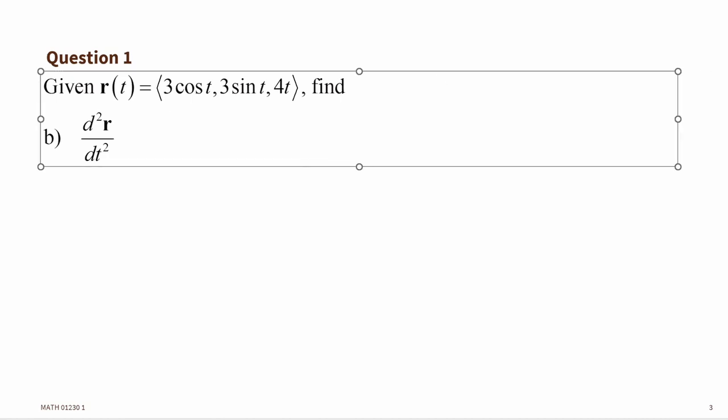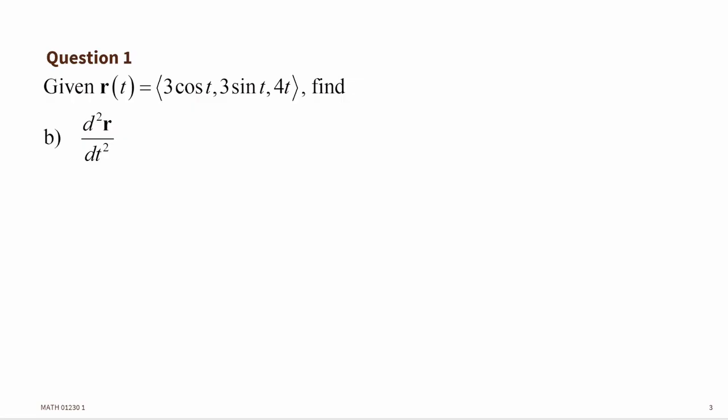Right, now we want the second derivative. Just as with real valued functions, the second derivative of a vector valued function is just the derivative of the derivative. So what we want is the derivative of part A that we just found.